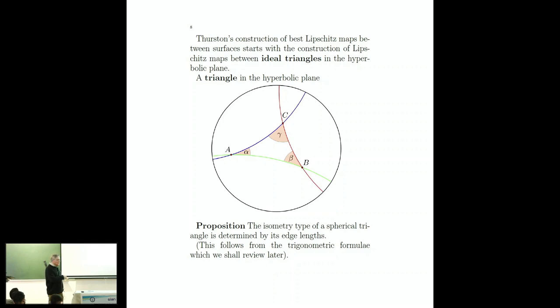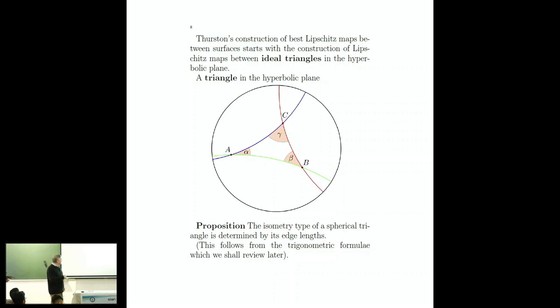This proposition is not difficult to see, and it's not surprising that the 3 edges determine the triangle up to an isometry. The thing which is special to... yes, you're right.